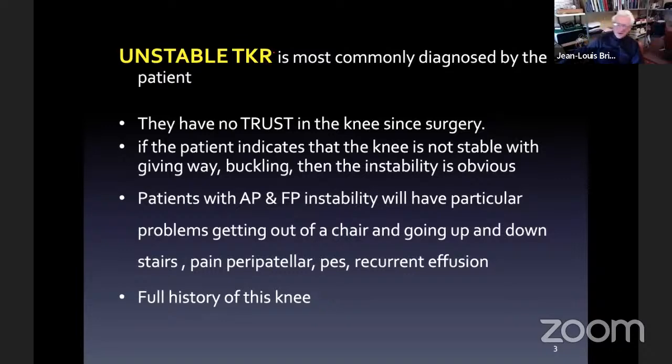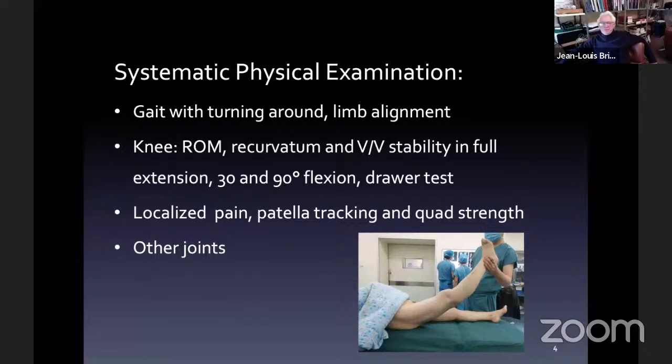Okay, so physical examination must be systematic. We must look at the gait, and we must look at the limb alignment. We must examine the knee, range of motion, but also varus valgus stability. And we must look for localized pain, but quadriceps strength also.